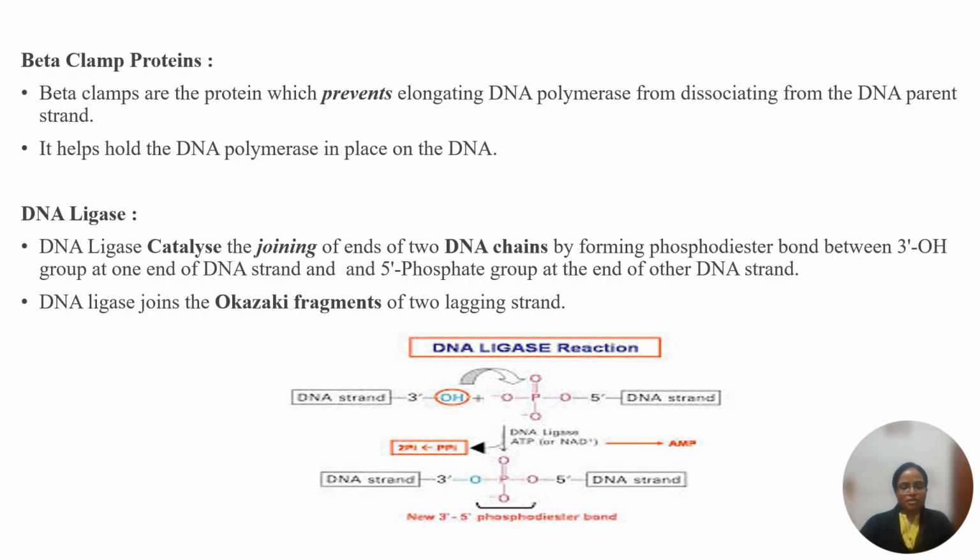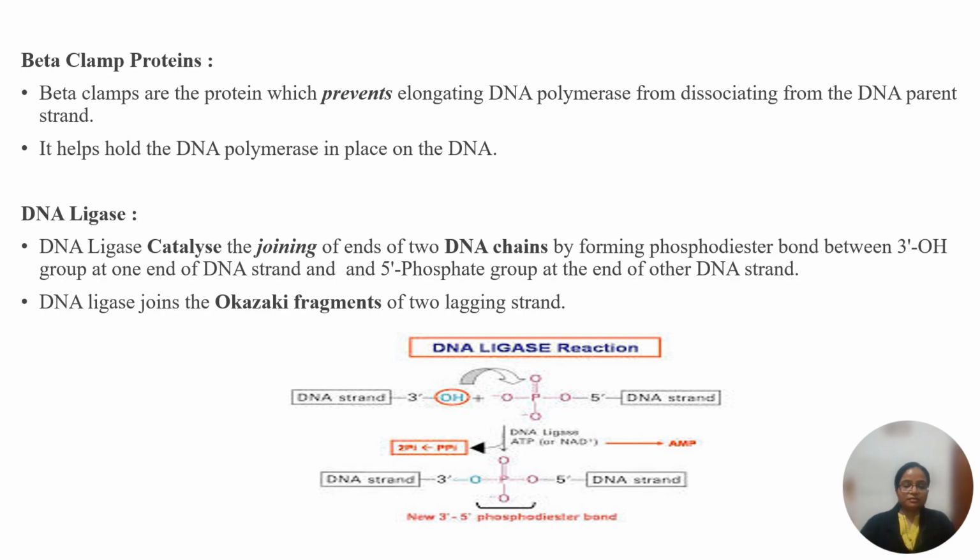And also, because these beta-clamp proteins have a ring-like structure, they are sliding over the DNA strand. They are loaded onto this DNA molecule, and they slide over between the strands. So what it does is that it increases the rate of polymerization of the DNA synthesis.